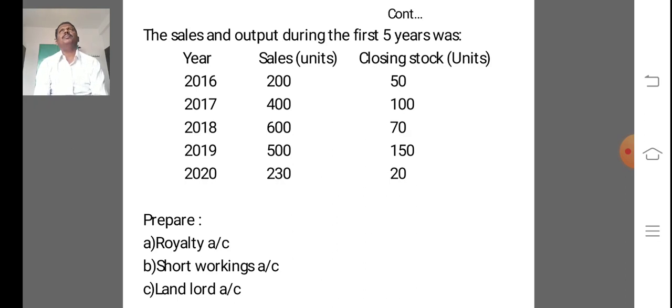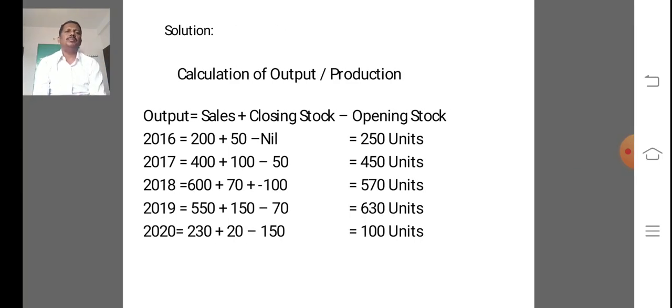So before we prepare ledger accounts, first we calculate output. In this problem output or production is not given. So how do you ascertain output?